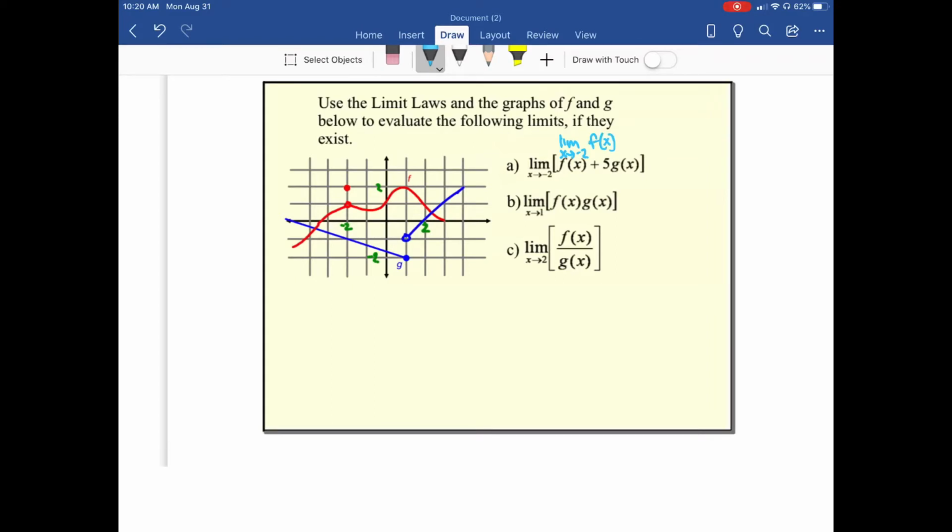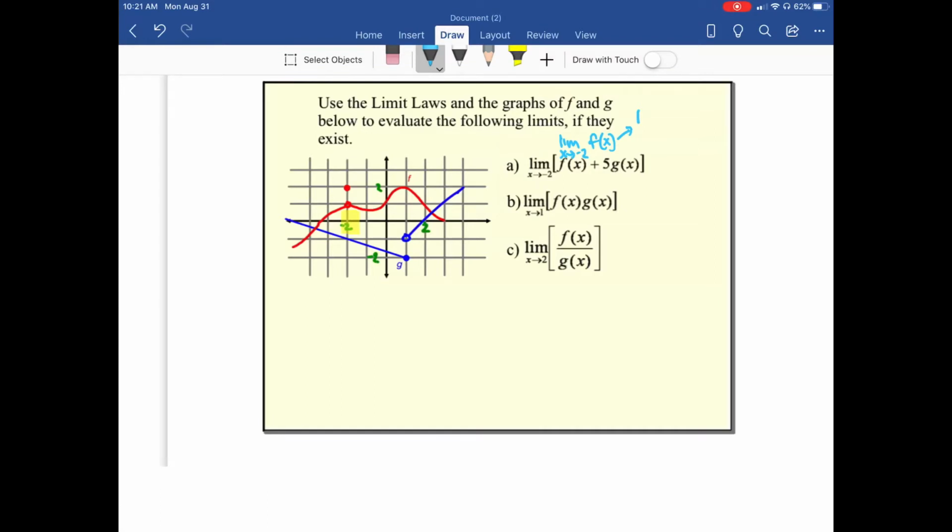So we go to -2, and we see right here at -2 that for the red graph, our limit is approaching 1. So I can then replace that with 1.